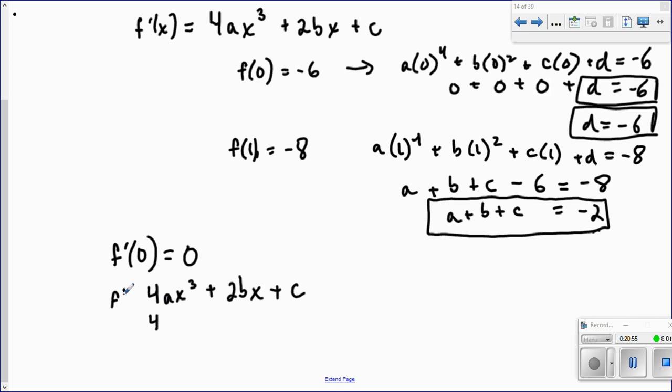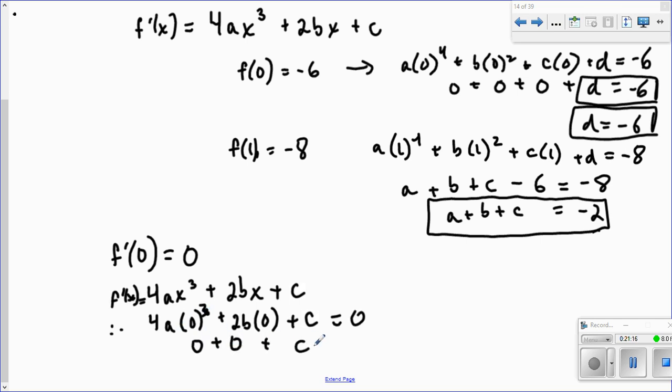That's my f prime. I'm going to let all the occurrences of x be replaced with a 0, and I'm going to set that equal to 0. That means I've got 0 plus 0 plus c equals 0, so c equals 0.